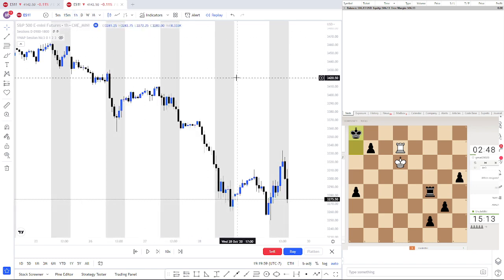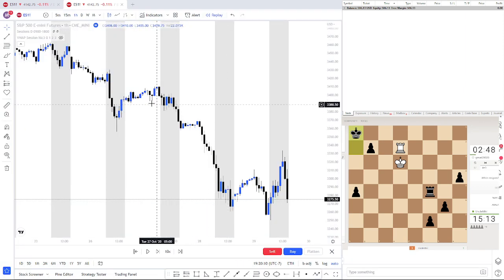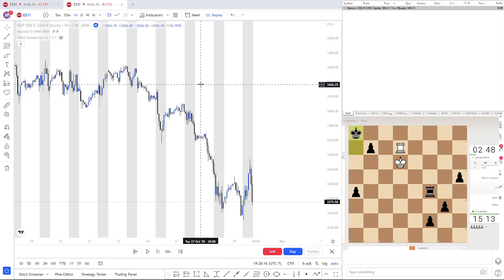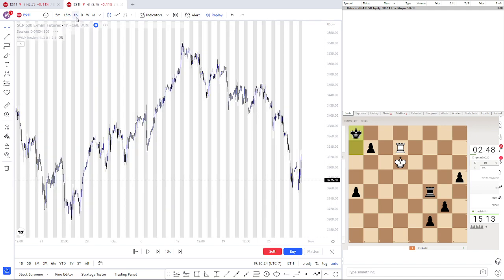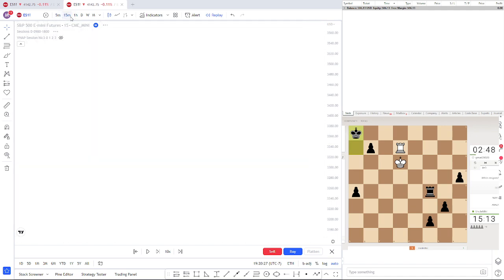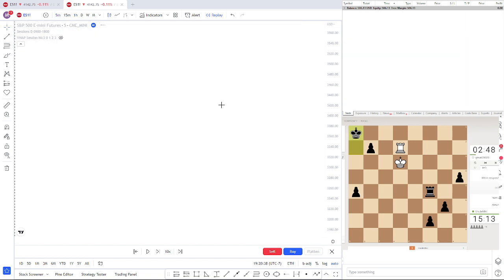Okay, maybe let's try a different ES. We can't go all the way back to the 5. This is annoying, isn't it? Let's see how far back we can go on the 5, I guess. Why can't we see the 5?